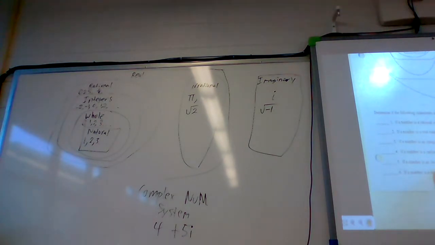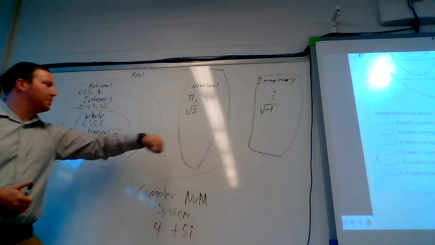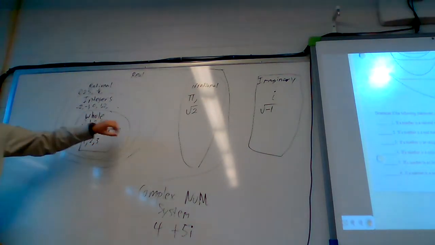Number 5, if a number is an irrational number, then it is an integer. Here's our irrational, here's our integers, do they touch?